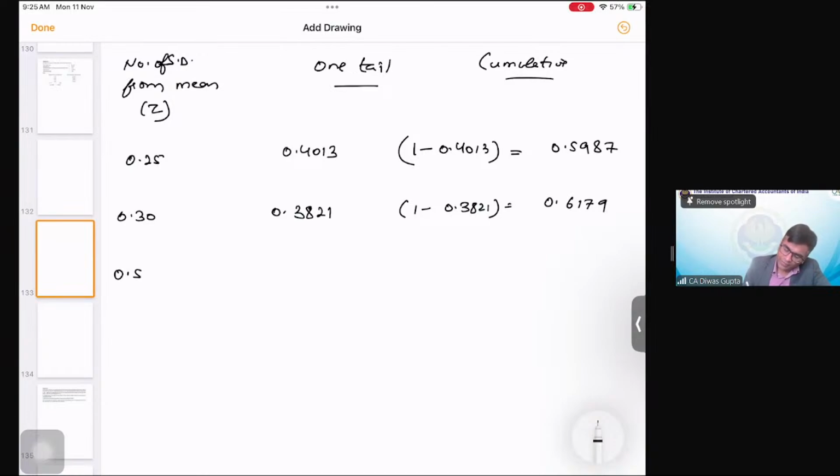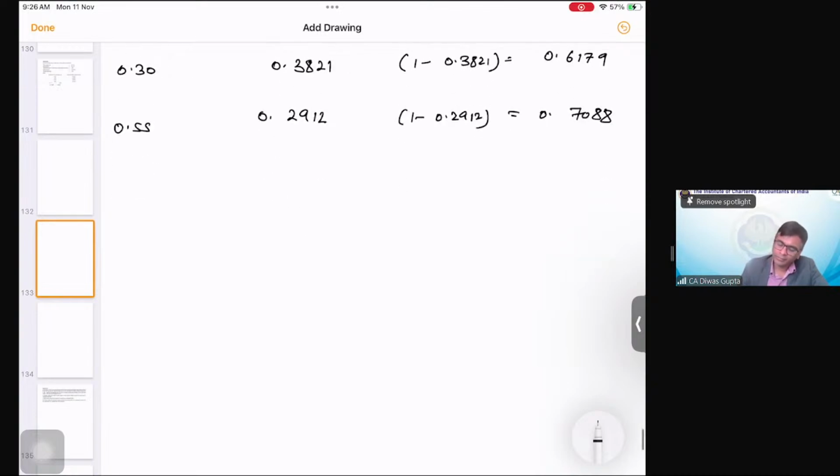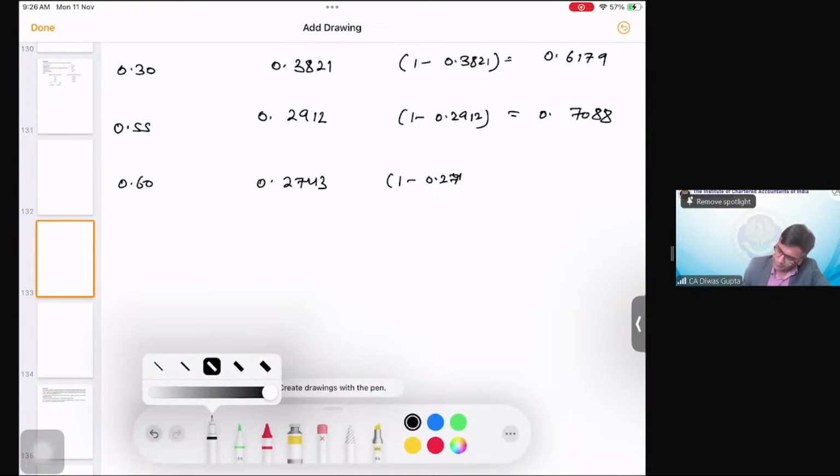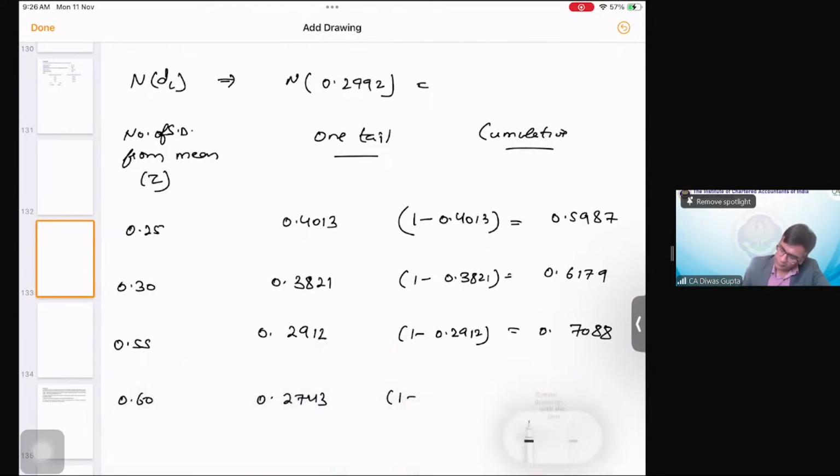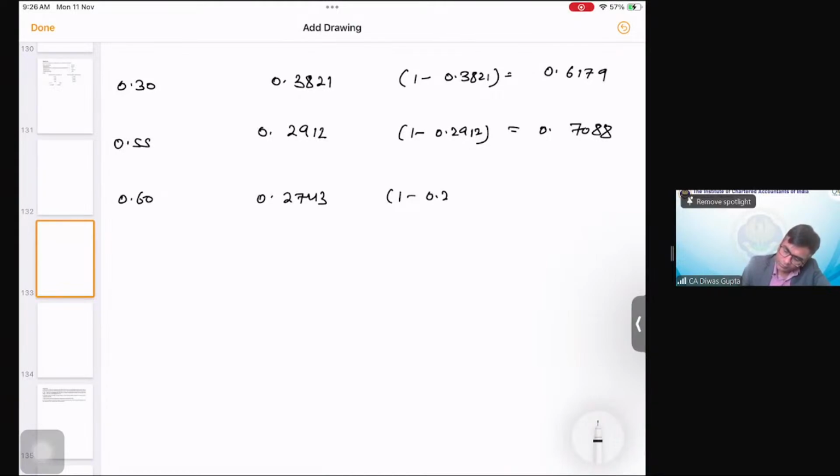For 0.55, 0.2912 is given. 1 minus 0.2912 will become 0.7088. 0.60 will become 0.2743, which is 1 minus 0.27, sorry, 0.2743. So the cumulative value becomes 0.7257.